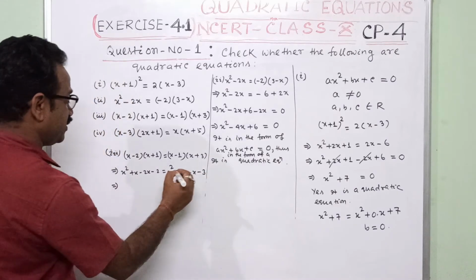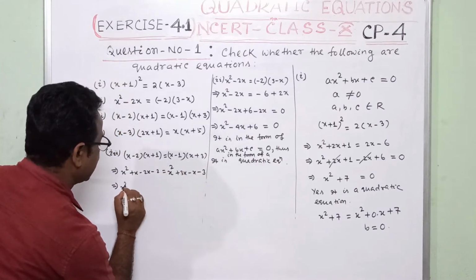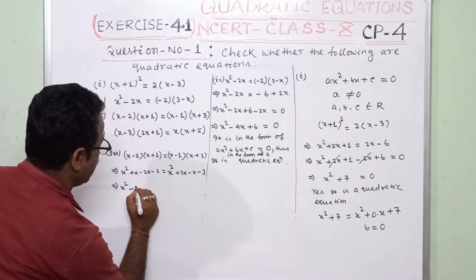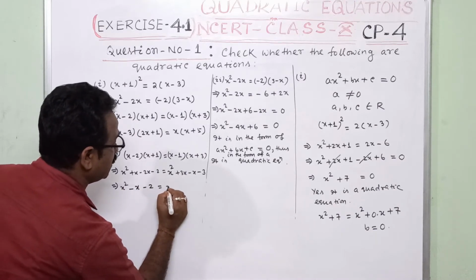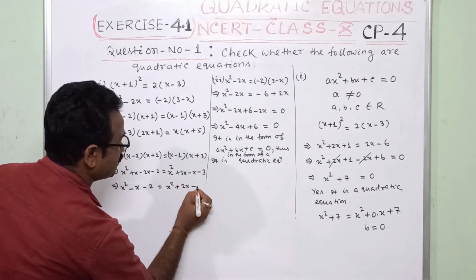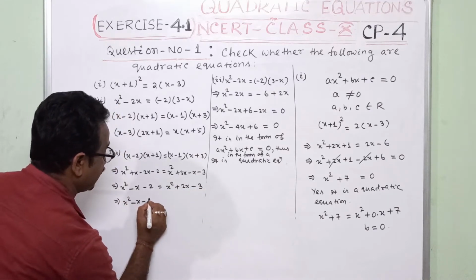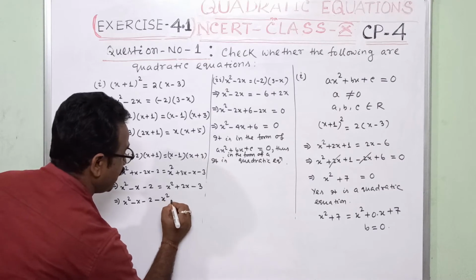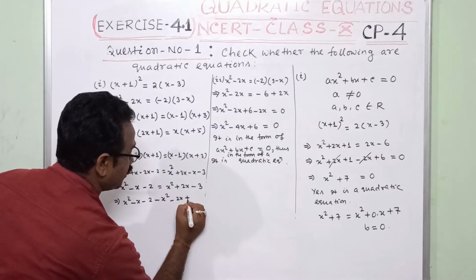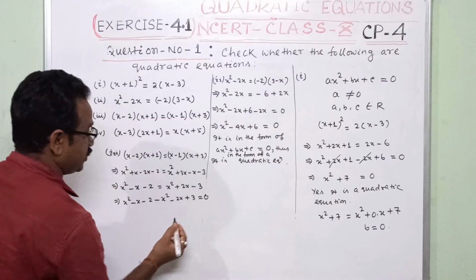Now this is x square minus x minus 2 is equal to x square plus 2x minus 3. Now x square minus x minus 2 minus x square minus 2x plus 3 is equal to 0.